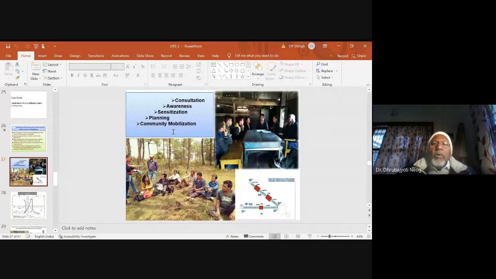And then we mobilized the community, we involved the community because we thought that if it is done in isolation, probably project will not be successful. So we involved people in construction and rather money was transferred to the people.